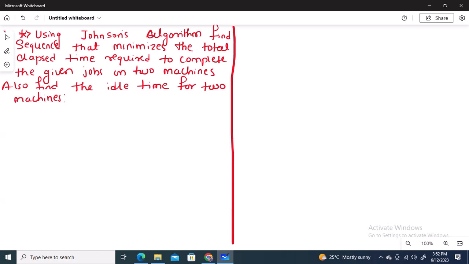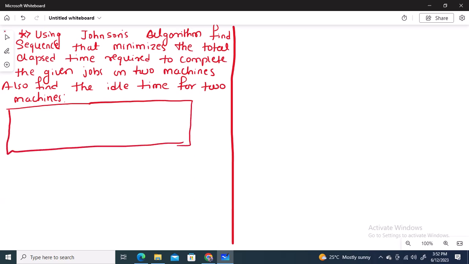I'll just write that data also. Since it is a digital pad, I'm just drawing roughly. So these are the jobs we have, these are the machines we have.